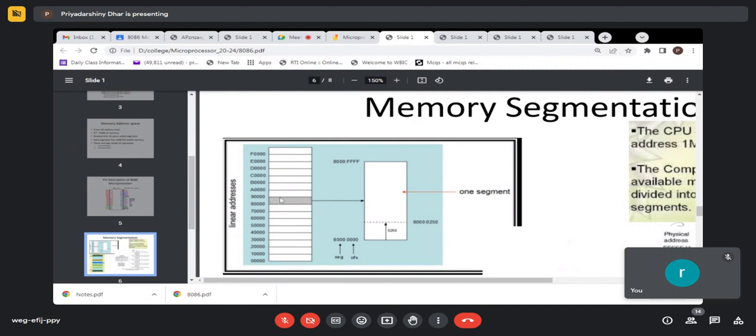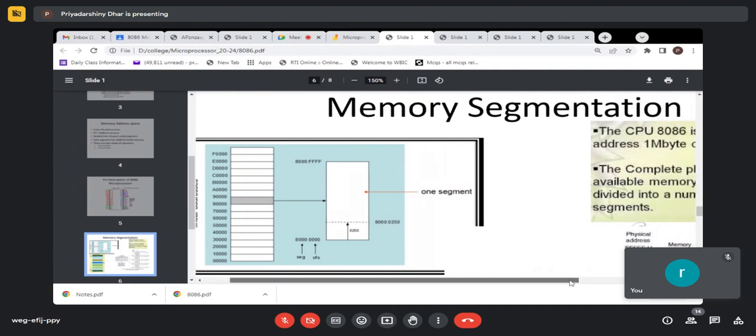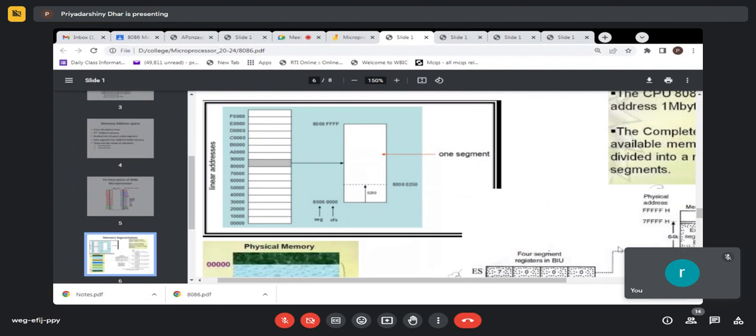If I consider this gray portion, it is 64 kilobytes, and this white portion is 64 kilobytes. So each segment is 64 kilobytes. Clear up to this? This is very important for the 8086 microprocessor.